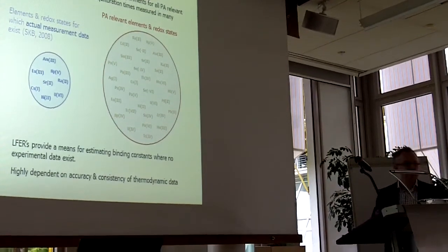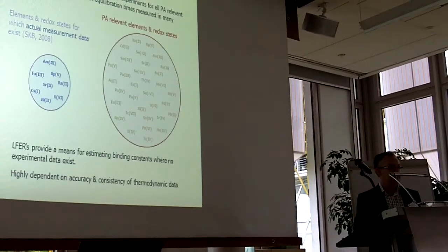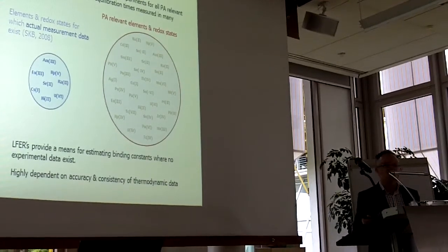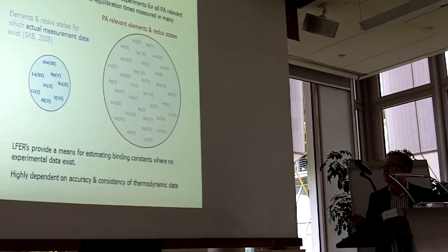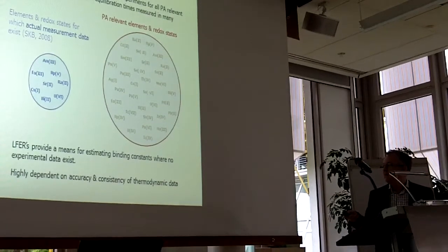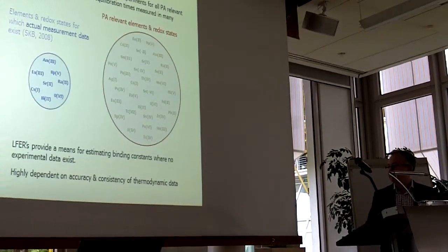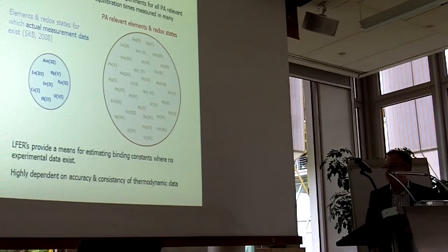In the case of the SKB site investigation data, a small subset of nuclides was chosen to represent broad chemical trends. You have some surface complexing solutes, you have some redox sensitive solutes, you have cation exchangers. And these LFERs provide a means for estimating reaction binding constants where there are no experimental data.